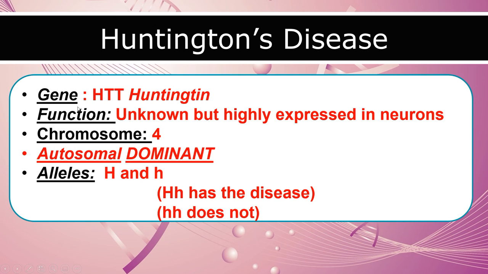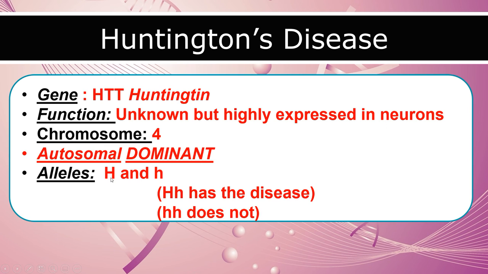Huntington's disease is caused by mutations in the HTT Huntington gene. We don't really know what the function of Huntington is exactly, but we do know that it is expressed highly in neurons. This gene we find on chromosome 4, and again, it's not an X or a Y chromosome, so this one is going to be autosomal, but in this case, the disease allele is dominant.